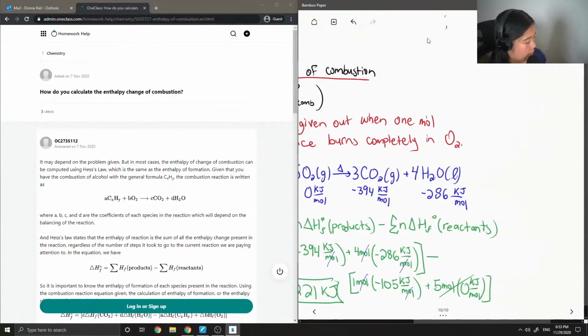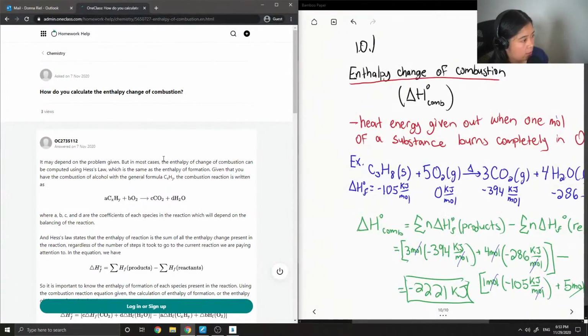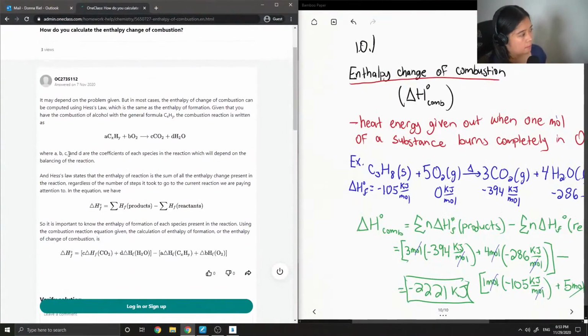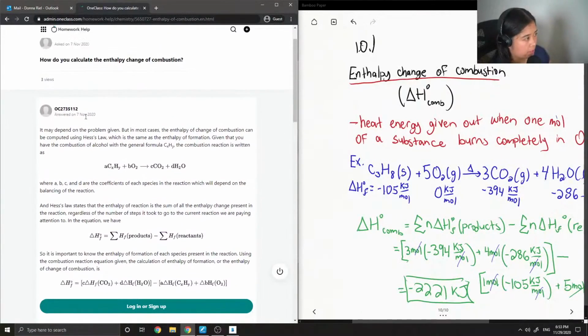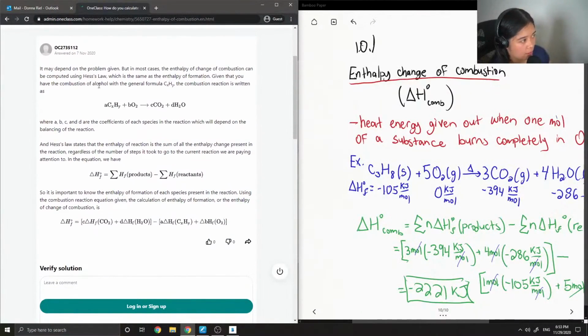Okay, so let's see what our junior tutor said about this question. It may depend on the problem given, but in most cases, the enthalpy of change of combustion can be computed using Hess's law, which is the same as the enthalpy of formation.